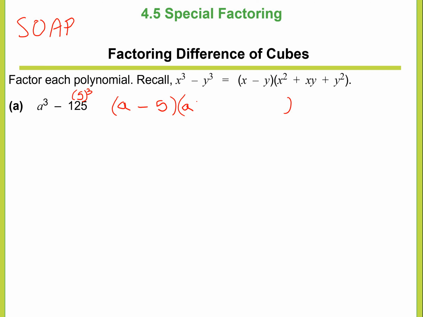Then it's the square of the first one, and then opposite, so that's going to be a plus. And then you do the two numbers multiplied together, so it's 5a. And then always positive, and it's the last term squared, so 25. And again, on a test or quiz, if you want to check your answer, you can always multiply this out, and you should get a cubed minus 125 when you're done.